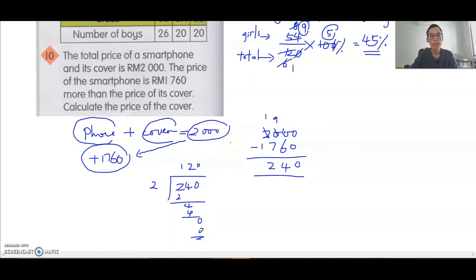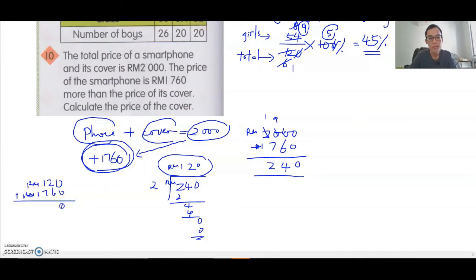Okay, remember to put RM here. Then I want to check my answers. Is the cover 120 ringgit? If the cover is 120 ringgit, and then the phone is 1,760 ringgit more expensive, so how much is the phone?